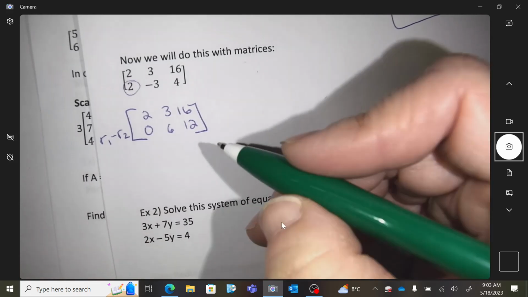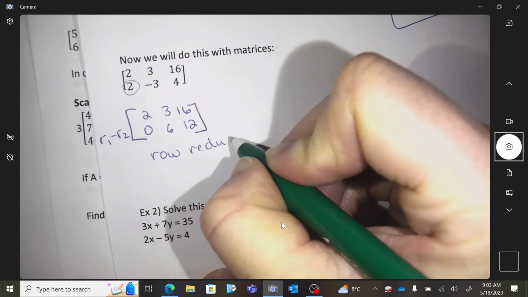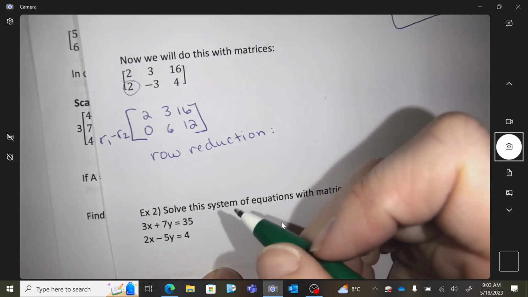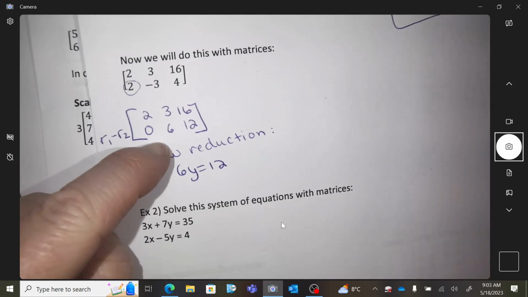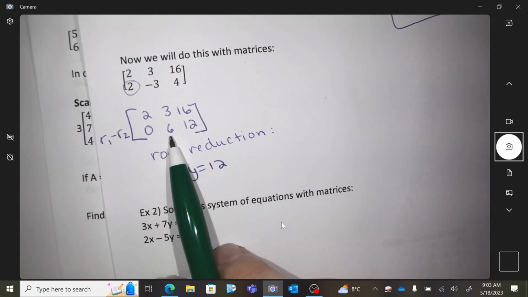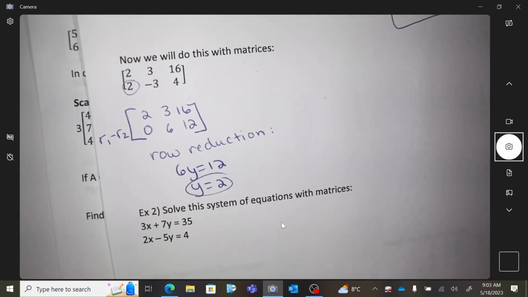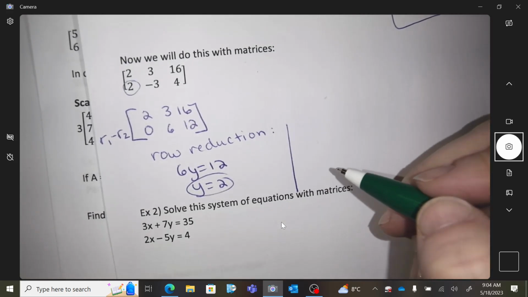Okay, so this is called row reduction. And now I can just go 6y equals 12. Therefore, y equals 2. And then I plug in.